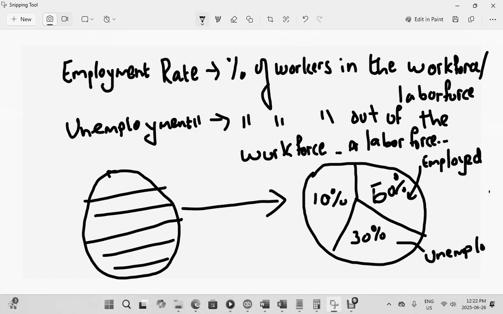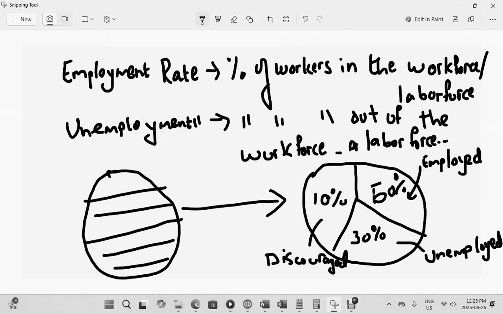And the 10% is discouraged workers, workers who have been discouraged for whatever reason, maybe disability, sickness, disease, maybe they're traveling, maybe they're no longer looking for work.